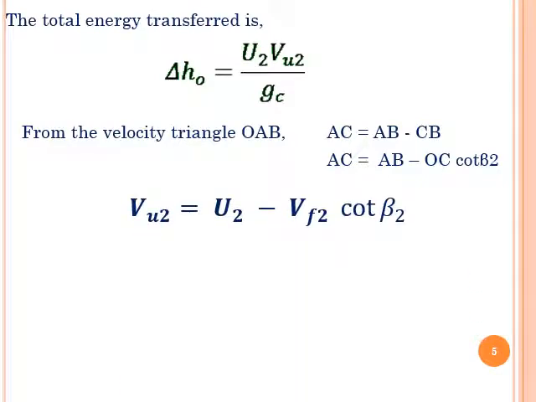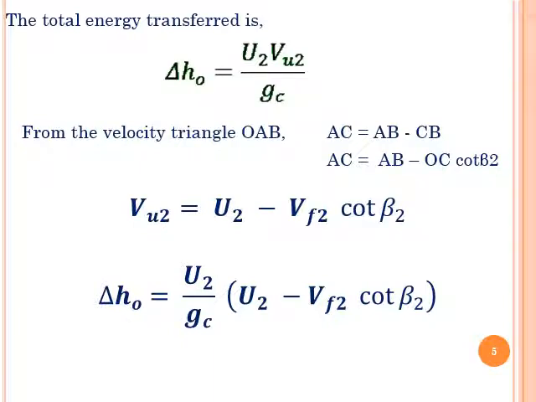So now Vu2, the tangential velocity at exit, is equal to U2 minus Vf2 cot beta 2. Once again, that is written in terms of Vf2 cot beta 2. That means Vu2 is equal to U2 minus Vf2 cot beta 2.